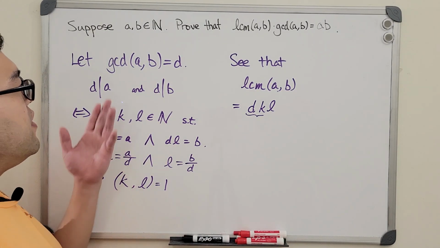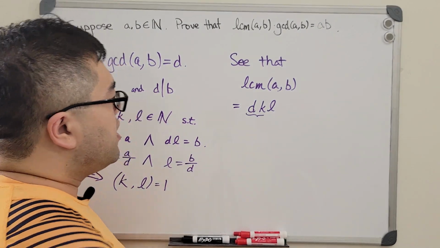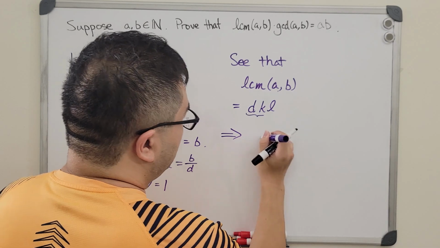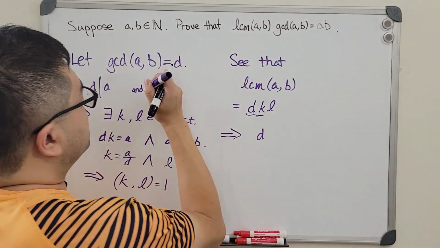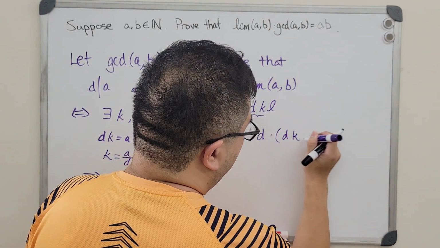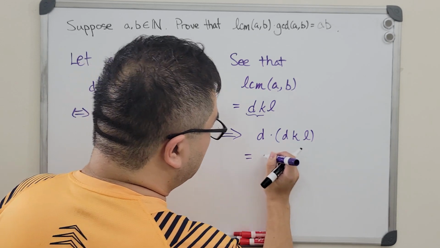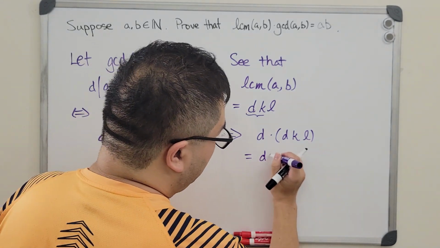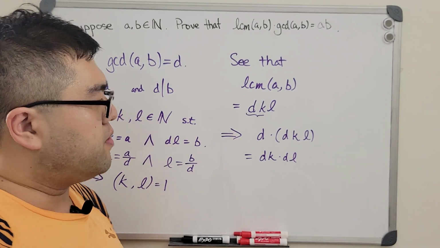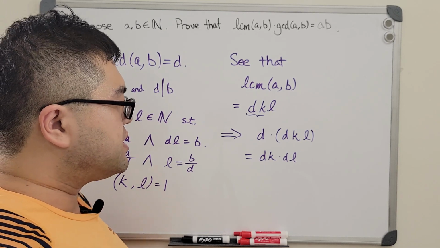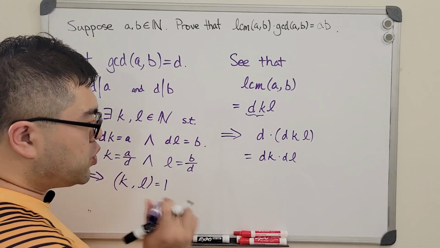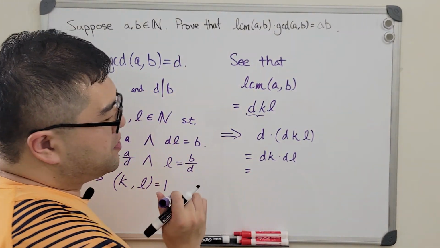Now, as we go through the definition of what GCD and LCM are, we can take the product of these two to see that D, which is the GCD, times the LCM, which is DKL, is in fact equal to D squared times K and L. We can rearrange the order since those are just regular numbers, and these numbers are commutative, so we can switch the order in any way we want as we do the multiplication.